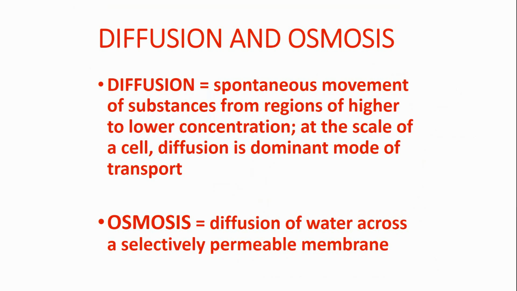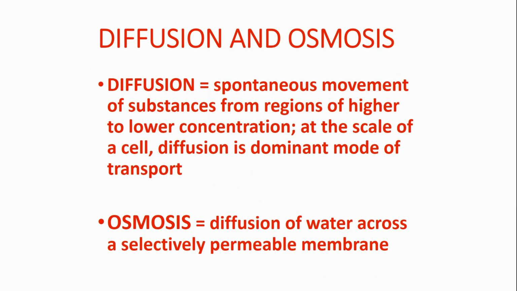So diffusion, the movement of water specifically for plants at cellular level, osmosis is another name for diffusion, but now we have a selectively permeable membrane. So if you say diffusion from one cell to another, that is correct.